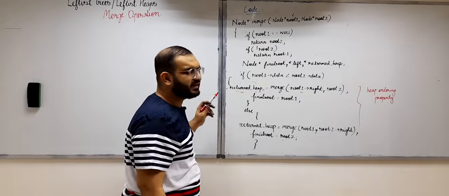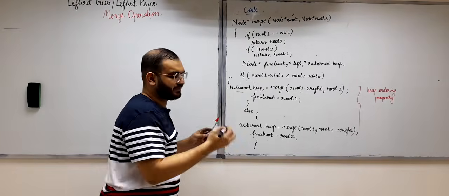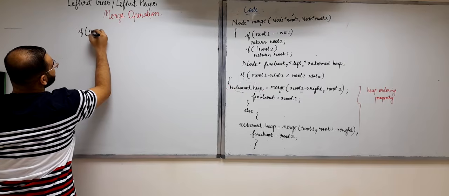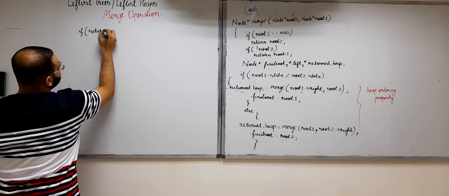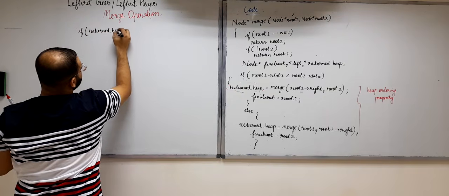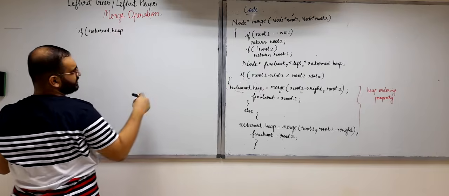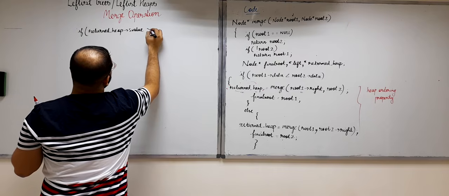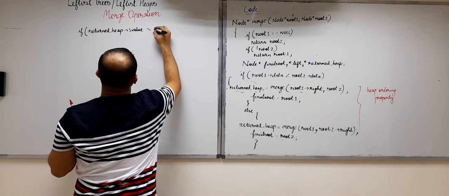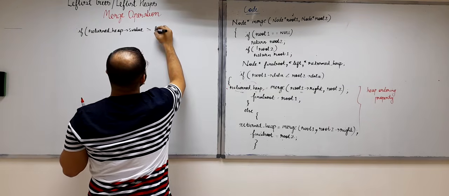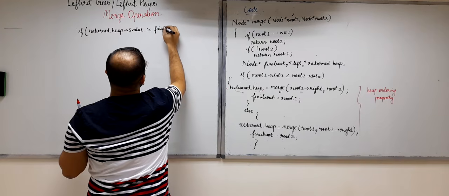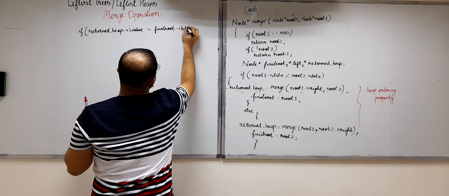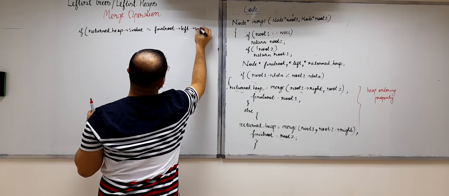We will first check the S value of this returned heap, right? We will check if the returned heap, which is a pointer to the heap returned from the successive call, has an S value greater than the final root's left S value.